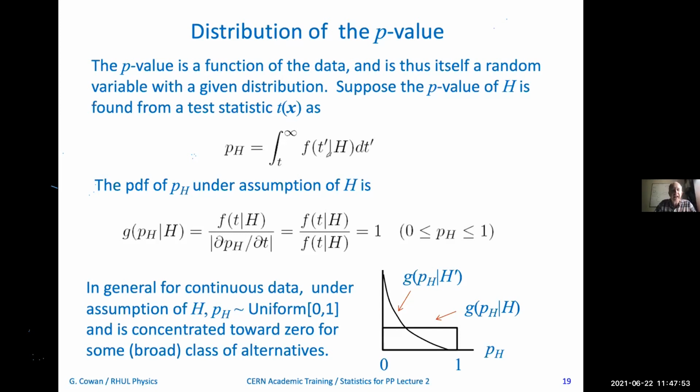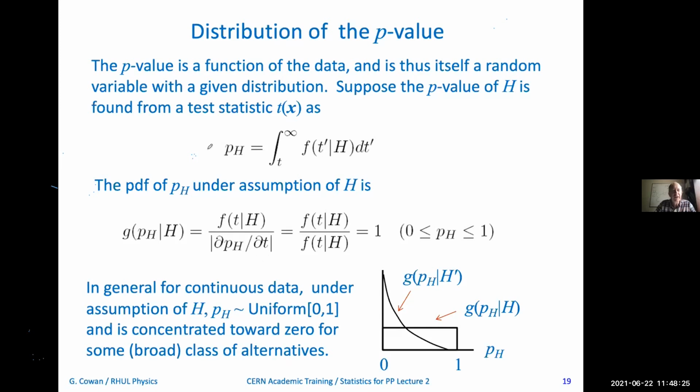We can then, from that equation, work out the PDF of the p-value. Let me call that PDF of the p-value g of p. The defining equation is that g of p dp has to be equal to f of t dt. If I rewrite it, the PDF of p is equal to the PDF of t divided by the derivative dp by dt.